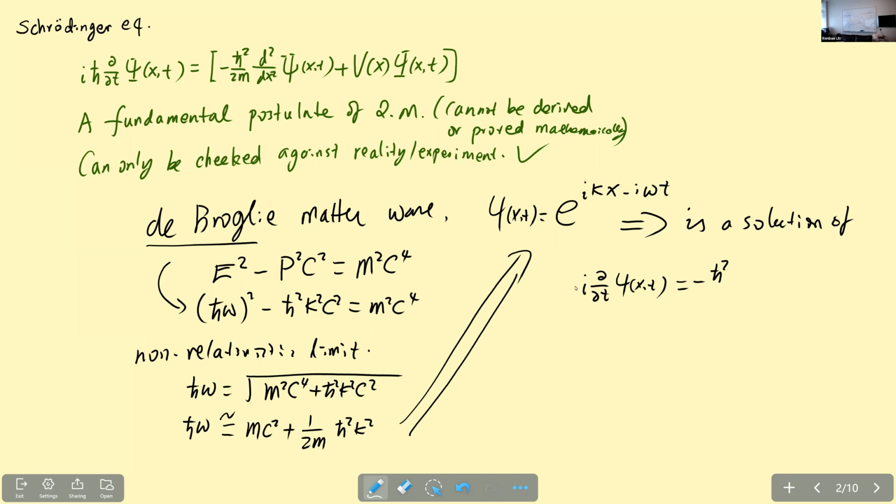There's h bar right here because there's omega. So if we compare, this is just a term right here, and this is a term right here. So this gives us the kinetic energy.